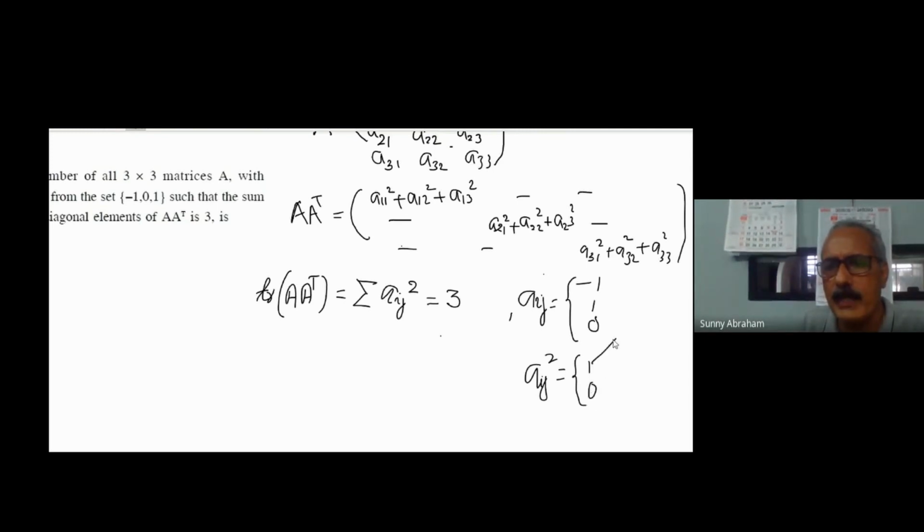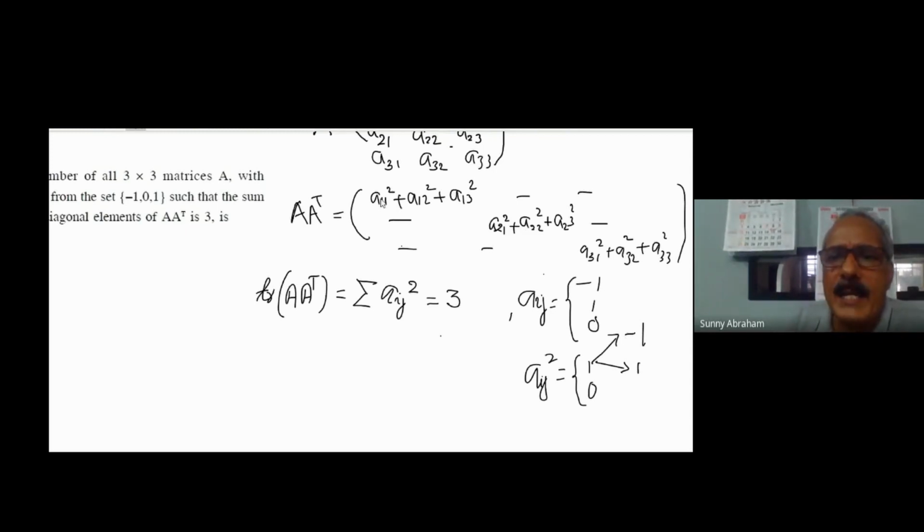The 1 is obtained either from -1 or from +1. So the maximum of Aij square is 1 and the minimum is 0. The sum should be 3, so any 3 out of the 9 elements must be 1.